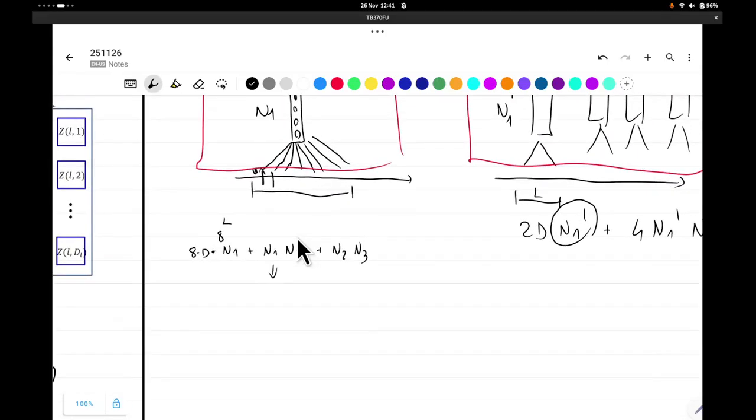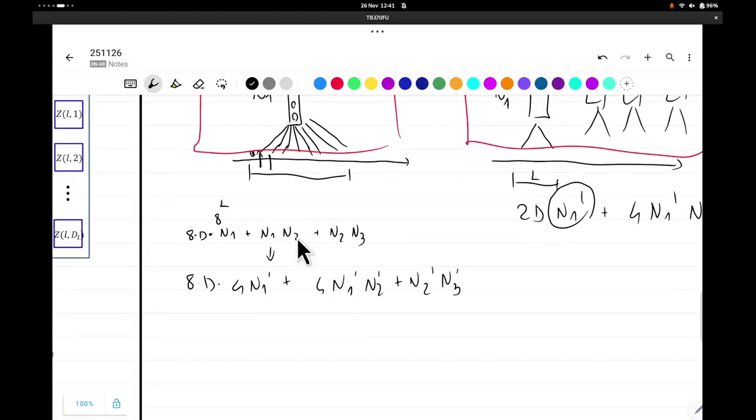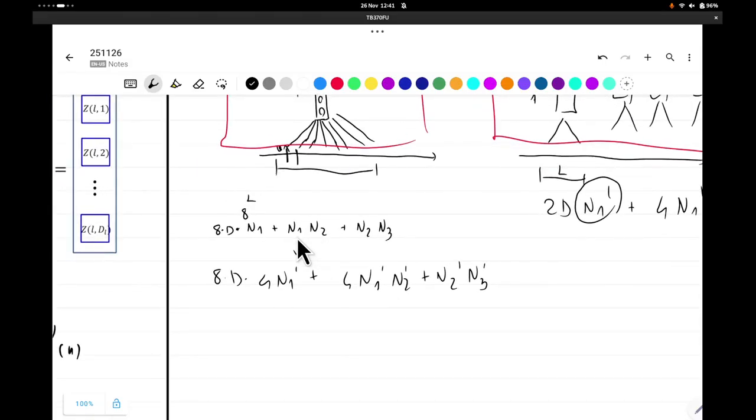So if I rewrite it as the number of neurons that I have in the other one, it would be D times 4 N1 prime plus 4 N1 prime, plus the same here. Well, everything primed, but they are the same.